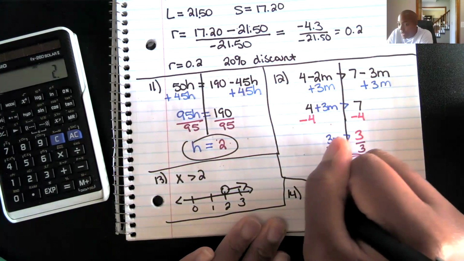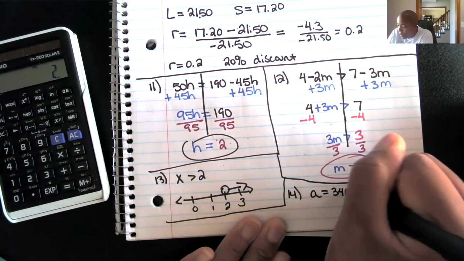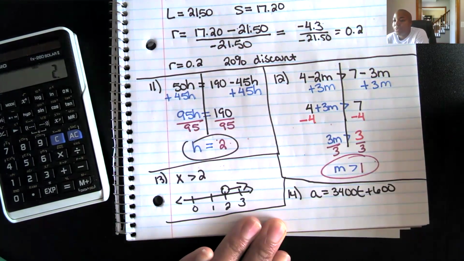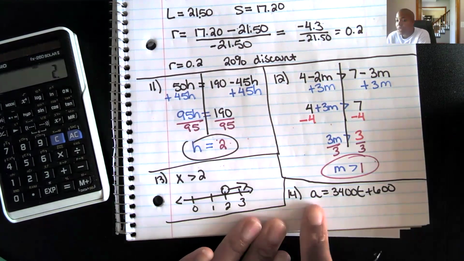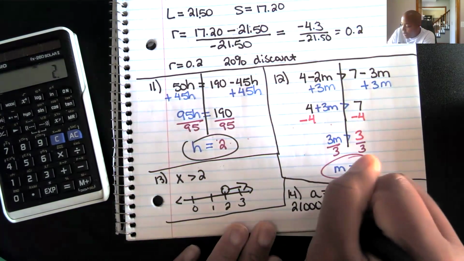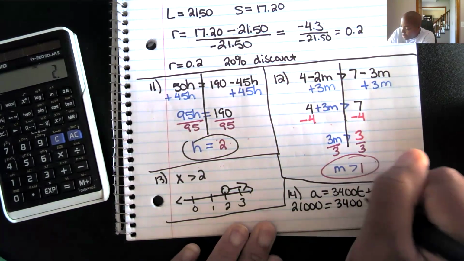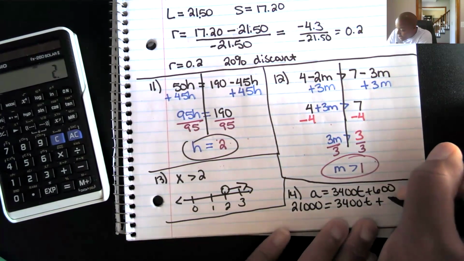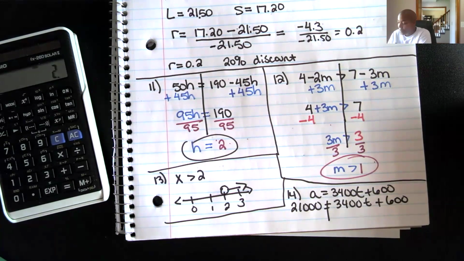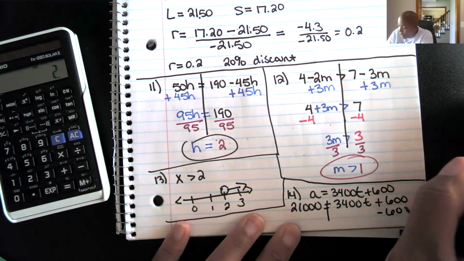Our equation given is A equals 3,400t plus 600. And it wants to know how many minutes. So we're searching for t after takeoff of the plane at an altitude of 21,000 feet. So A is 21,000. So replace the A with 21,000. 21,000 equals 3,400t plus 600. We are solving for t. So subtract 600 on both sides.